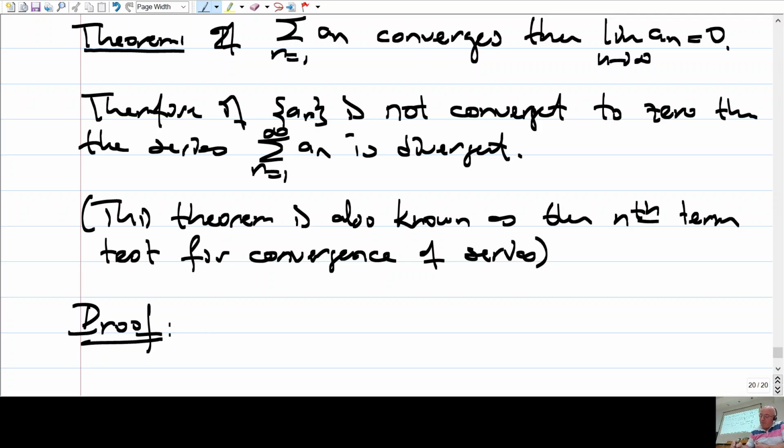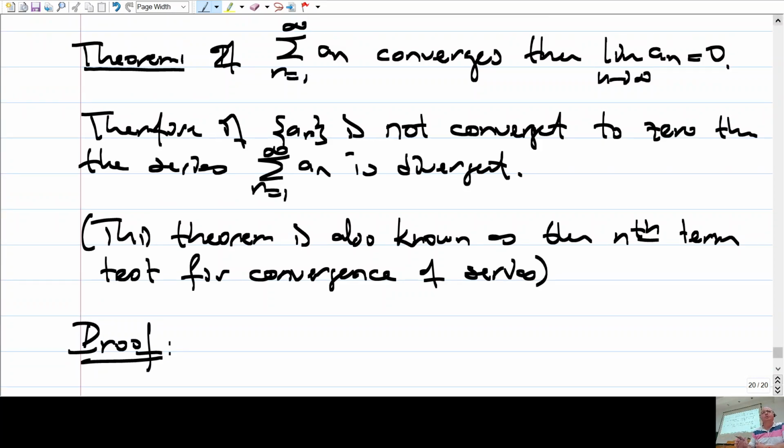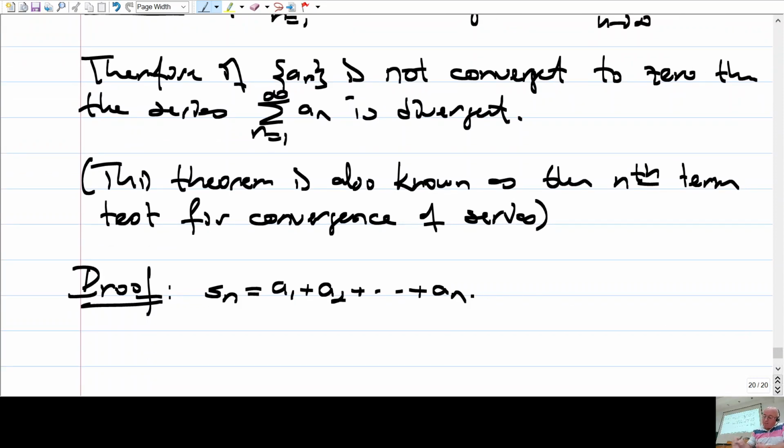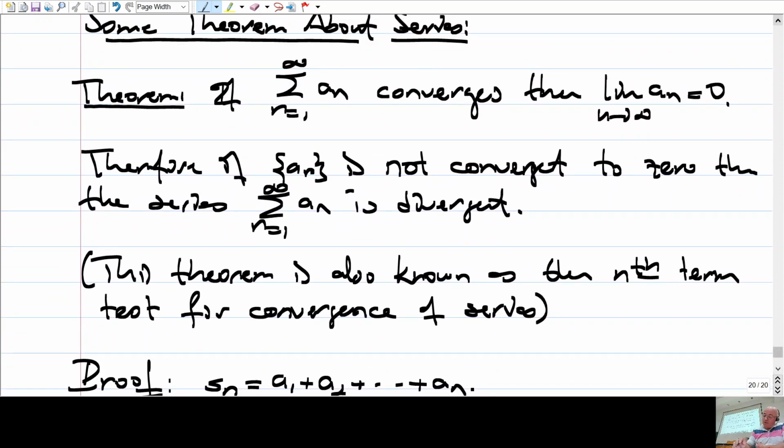So what do we mean by a series is convergent? Well, you have to look at its sequence of partial sums. So S_n. What was S_n? S_n is the nth partial sum, the sum of the first n terms. And what is the statement? We assume that this is convergent.